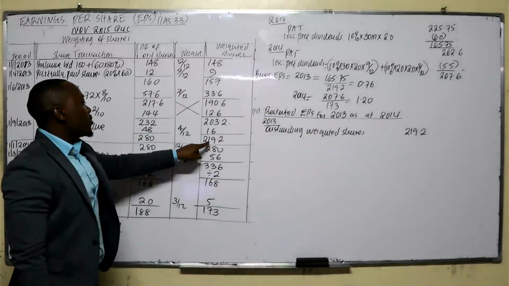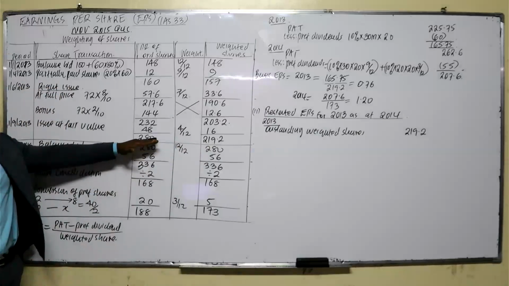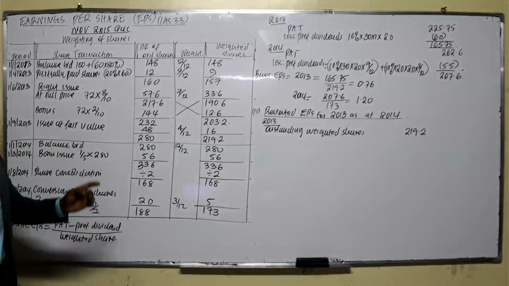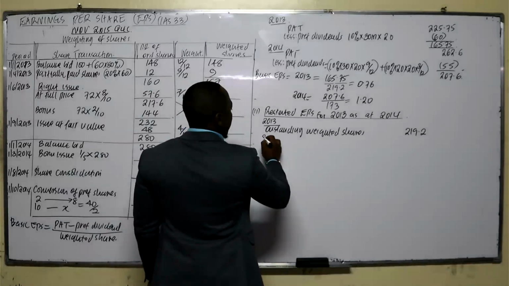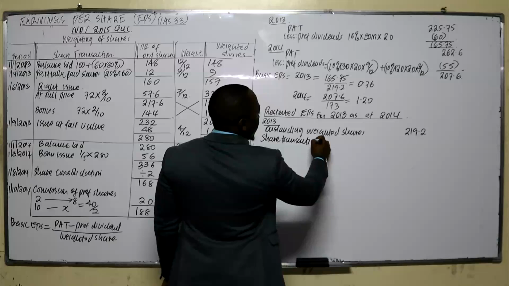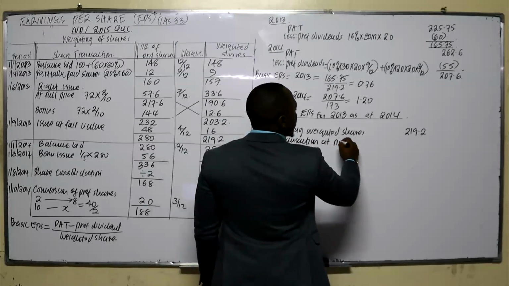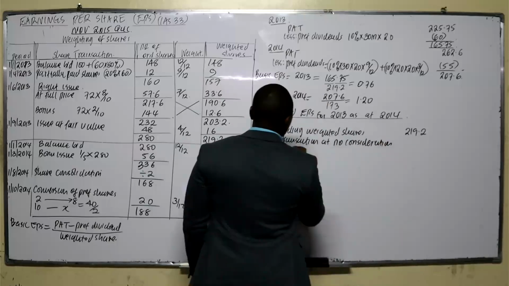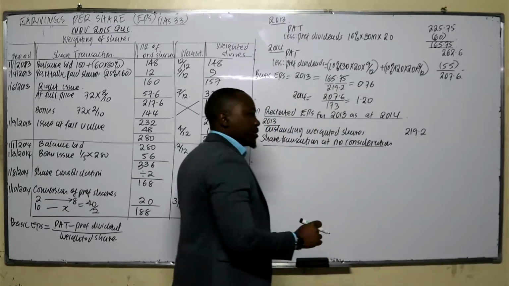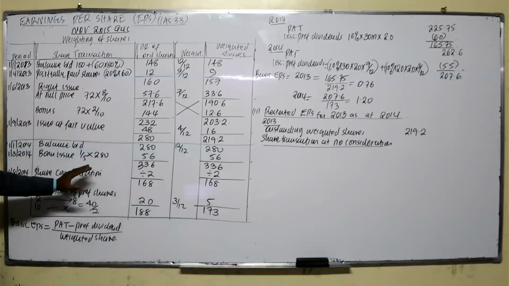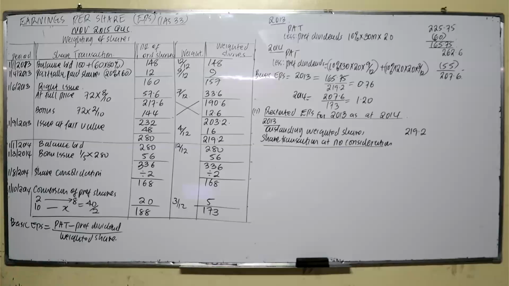Now you look at, from the weighted, the share transactions that took place in 2014 at no consideration, and the share transactions that took place in the subsequent financial year at no consideration. That's our 2014. So give me the transactions that took place at no consideration.